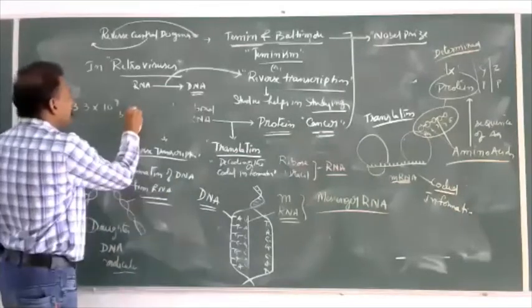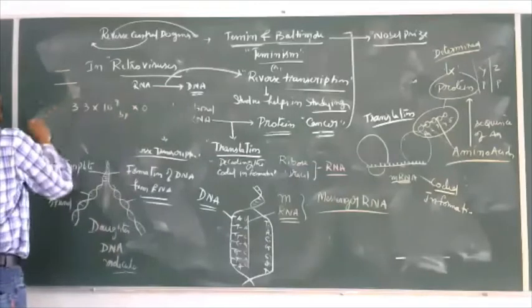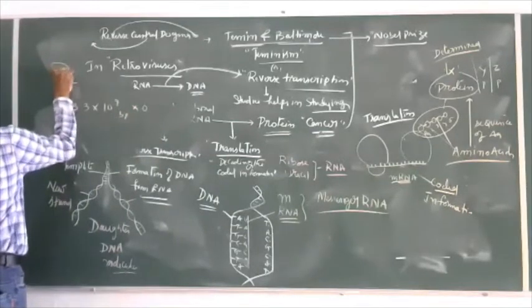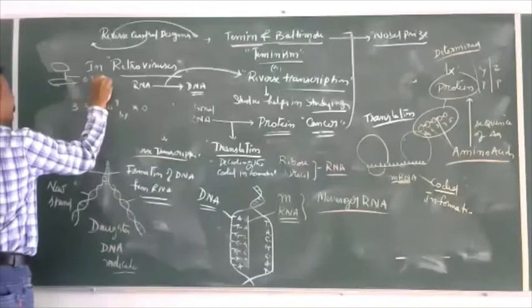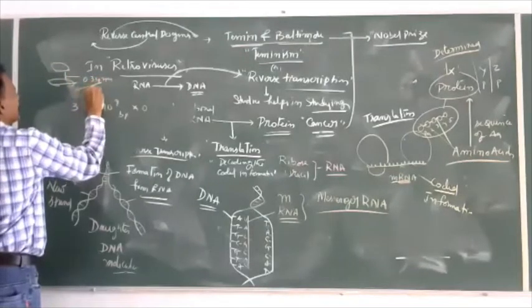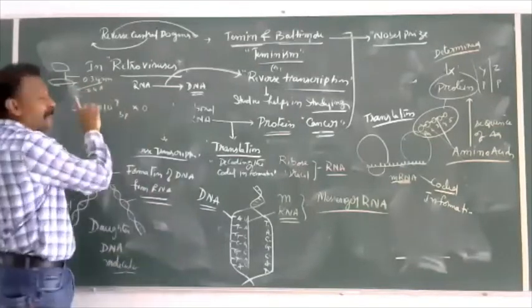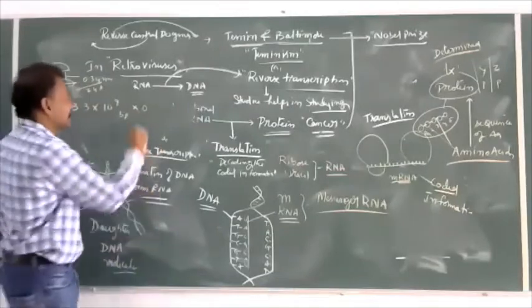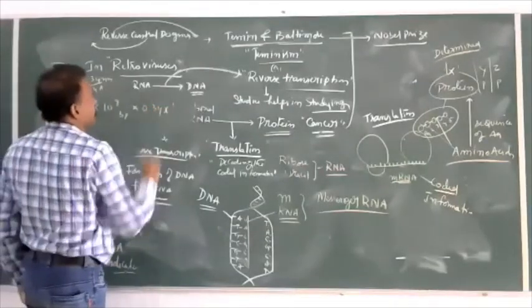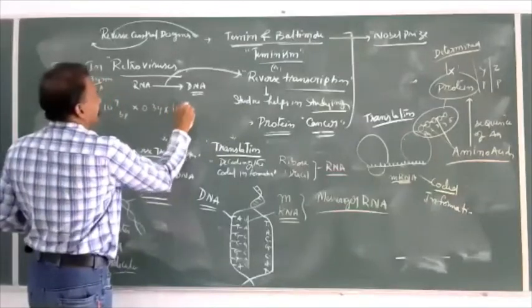It is measured with the distance between every two bases. This is one nucleotide, another nucleotide, the distance is 0.34 nanometers or 3.4 angstroms. So 0.34 nanometer is a billionth of a meter, 10 to the power of minus 9, so 0.34 into 10 to the power of minus 9.